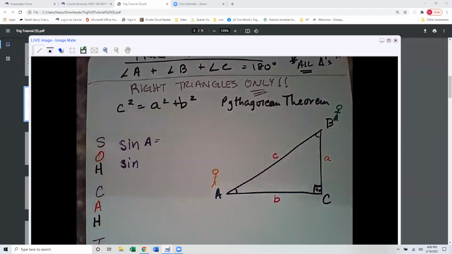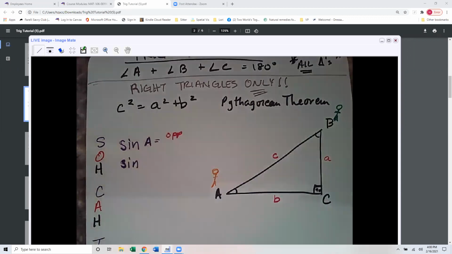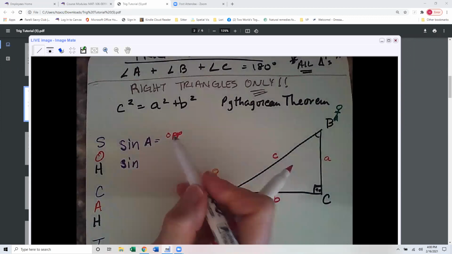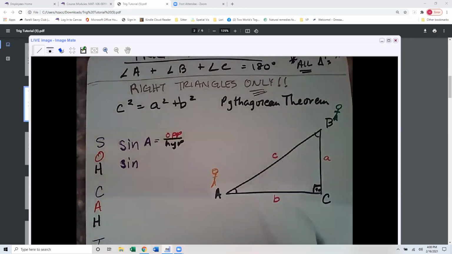So my O stands for opposite, and my H stands for hypotenuse. So it's opposite over hypotenuse. Sine of the angle A is the ratio of opposite over the hypotenuse, and that's referring to length of side.